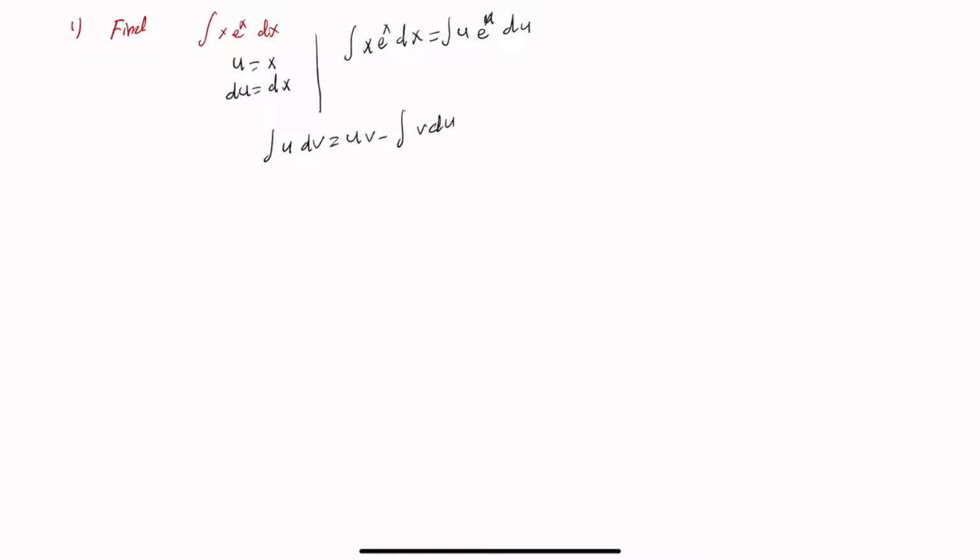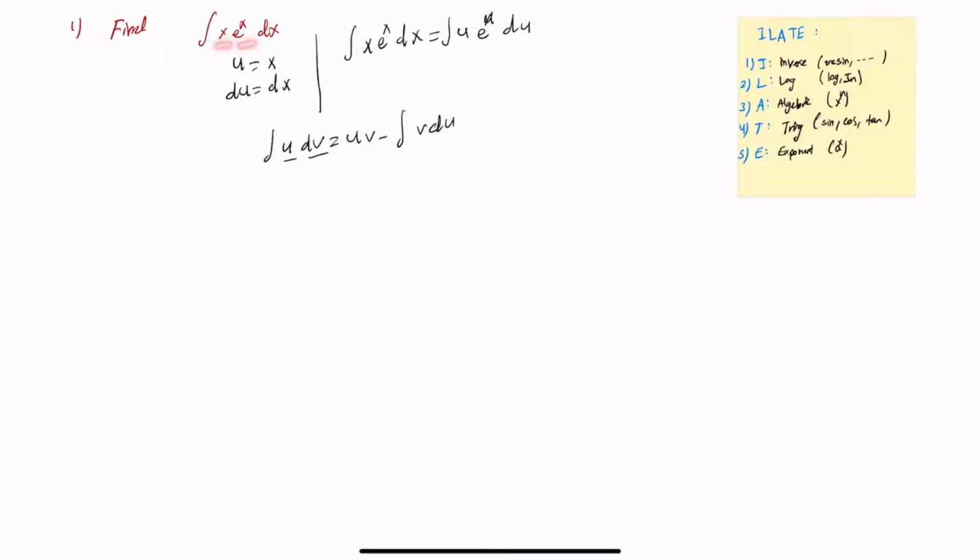The first step is to determine what's u and what's dv. So to choose u, here we have two terms. We have x and e to the x, and we want to choose which one is u. So I'm going to use this acronym ILATE to determine what to choose for u. Whatever comes first in this order, I'm going to choose it.